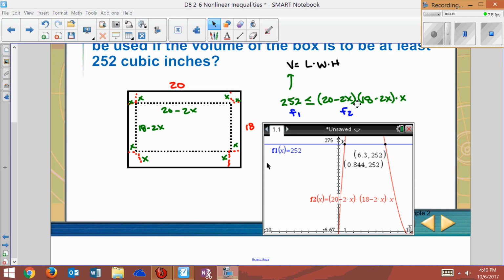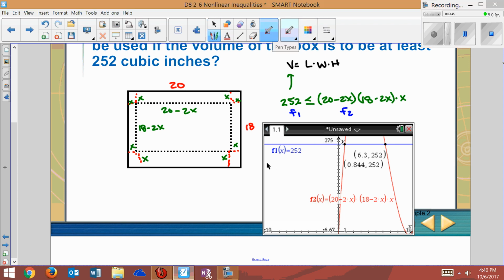Now remember, we want this part of the equation, the red equation, to be above the blue equation. So I'm looking for any window where this is above, so this region here. This goes across the x values, because that's the height. So we have good answers anywhere between 0.844 all the way up to 6.3.